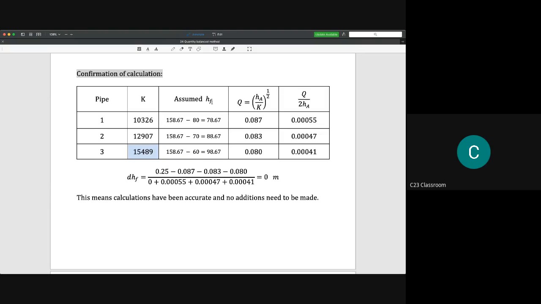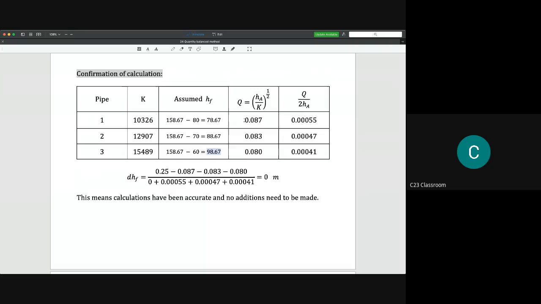And then the assumed HF is 158.67 minus 80, so you will have 78.67, 88, and 98. In this calculation, please be accurate with the decimal point, because it will give you a big change if you neglect the decimal value here.